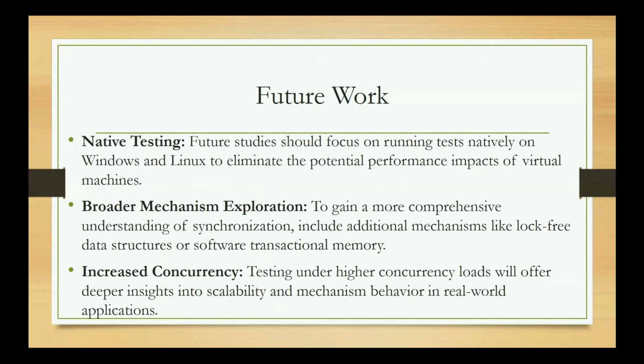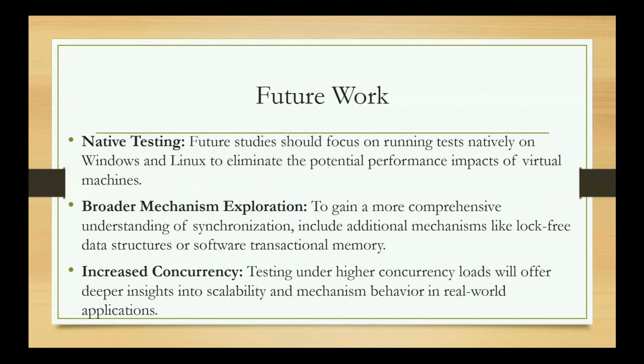Now for future work, there are several areas where future research could build upon or improve the findings of our study. First is native testing across platforms. This study was limited by the use of virtual machines for Windows and Linux.